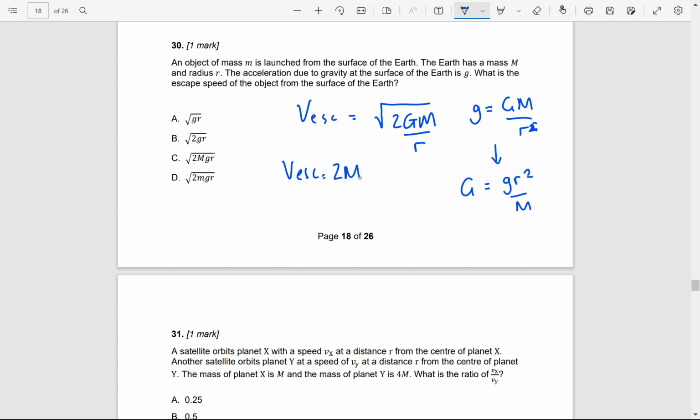So I've got 2m times big G, which is little g R squared over m, divided by R. I'm going to cancel those out, and cancel one of these out, and I should be left with 2gR.